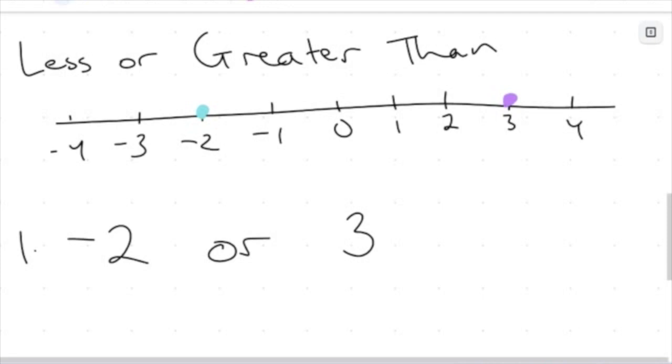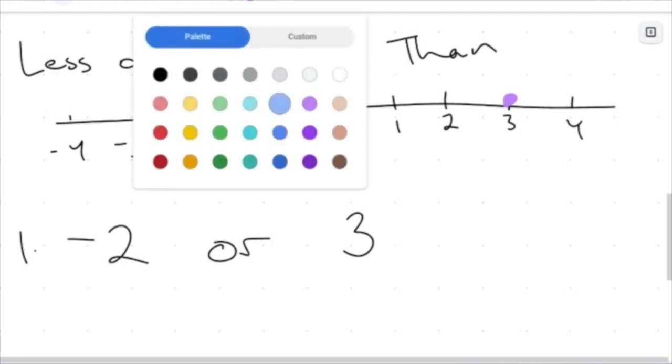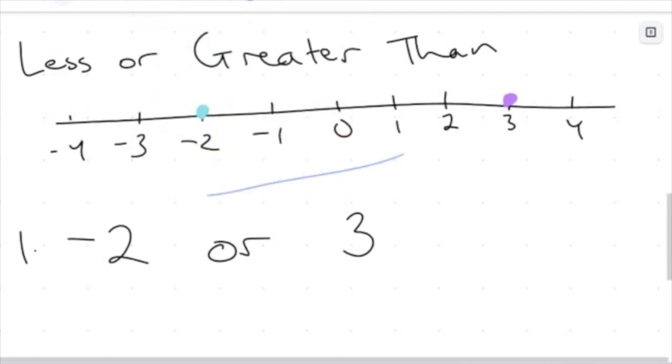But my 3 here is on the positive side of 0, and my -2 is on the negative side of 0. So as we go in this direction on our number line, our numbers, if you remember, get bigger.